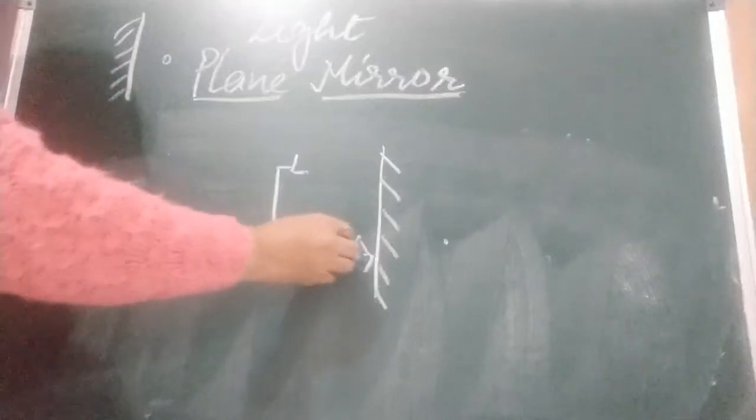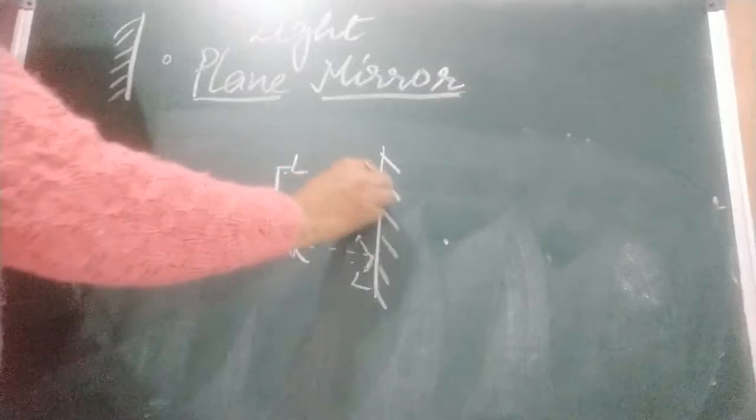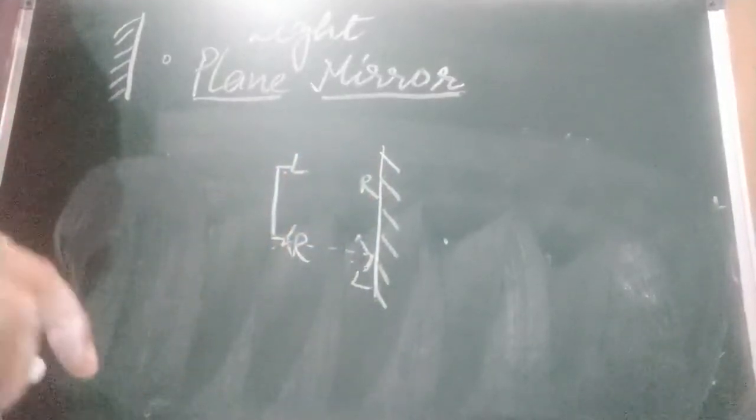What do we call this? Our right is its left, and our left is its right. Okay, so this is what is called a virtual image.